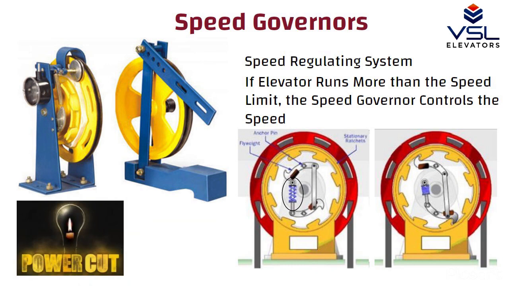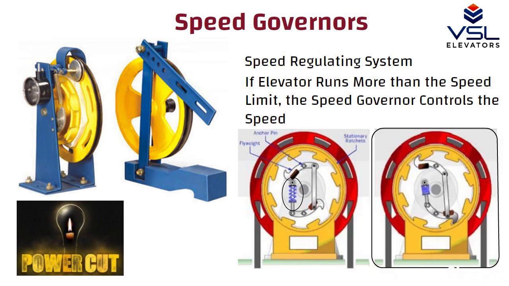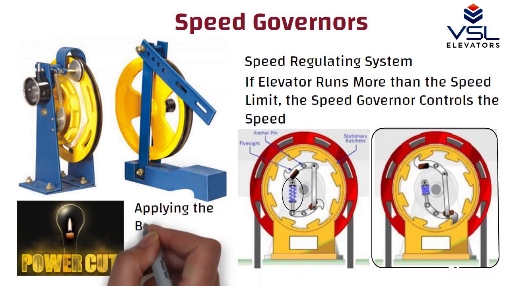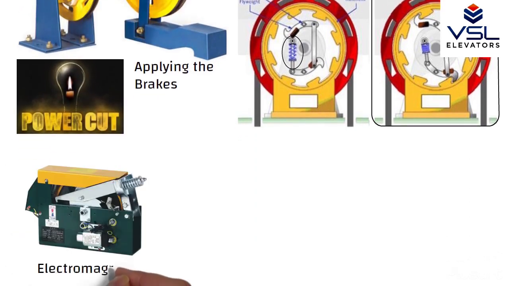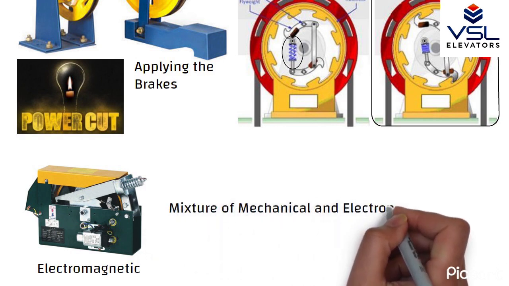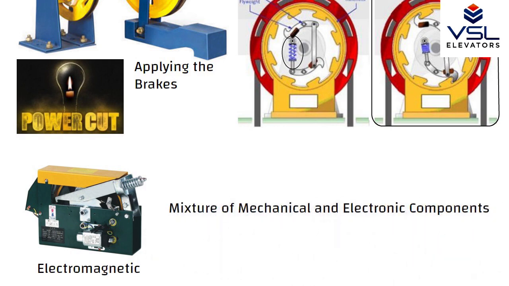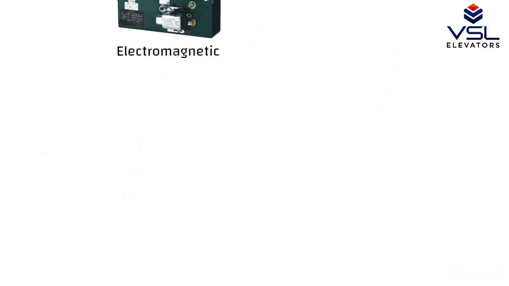If that fails and the lift continues to accelerate, the arms will fly out even further and trip a second mechanism applying the brakes. Some governors are entirely mechanical, others are electromagnetic, still others use a mixture of mechanical and electronic components. It is usually attached to the bottom of the car and it is also known as governor rope.